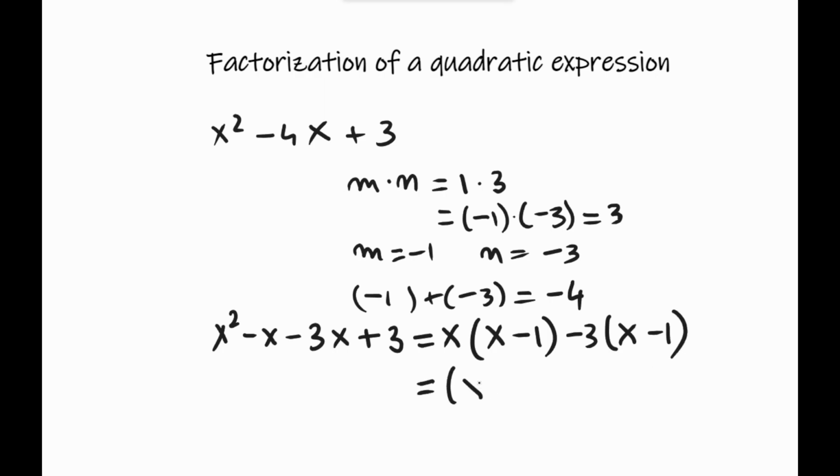And now our expression is factorized into x minus 1 times x minus 3. So the factorization with negative numbers also works, but we have to be careful to find the right m and n numbers, which give us the c coefficient and the b coefficient in a proper way.